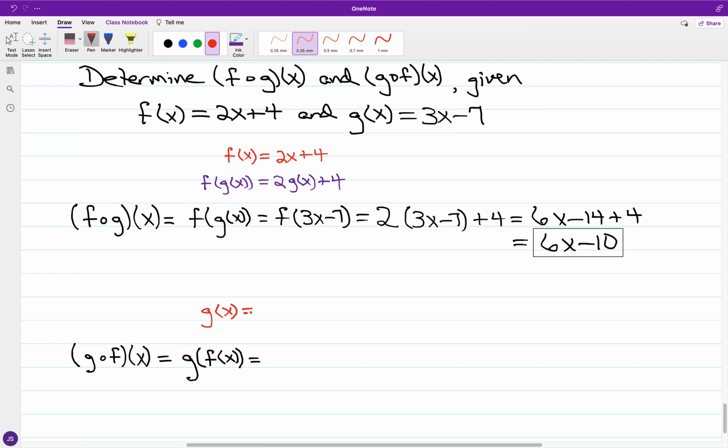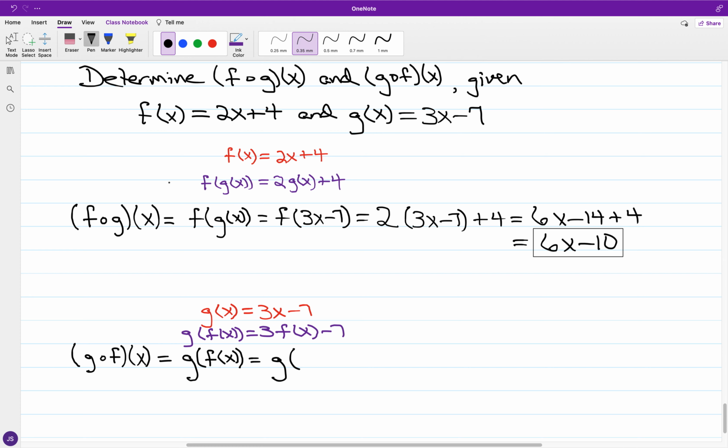So again, g of the input is equal to 3 times the input minus 7, and with the input along the lines of f of x, we got 3 times f of x minus 7. So this is what we have in the general case, and then specifying what f of x is.